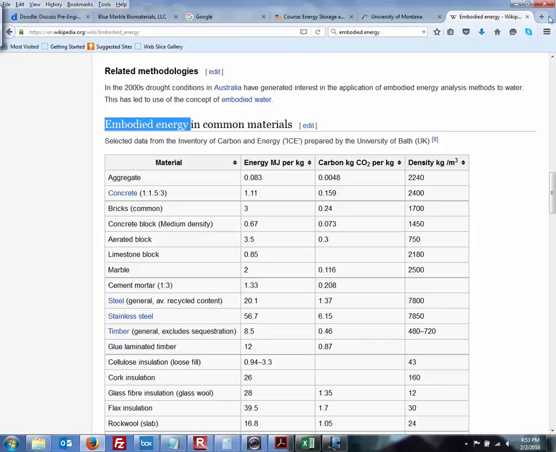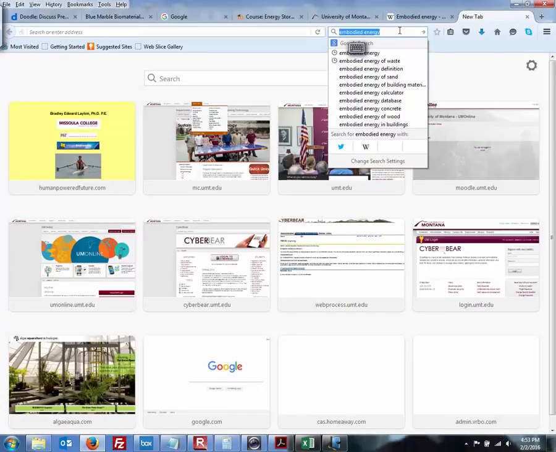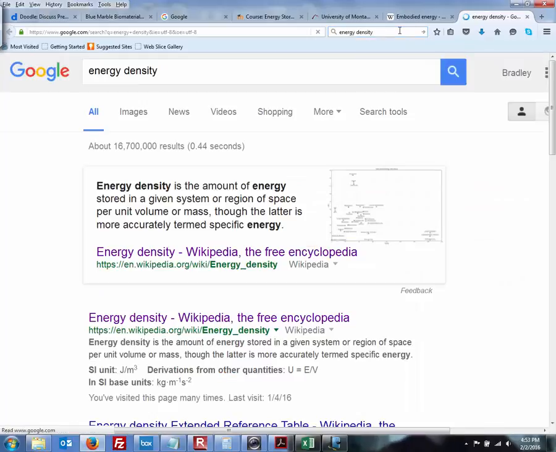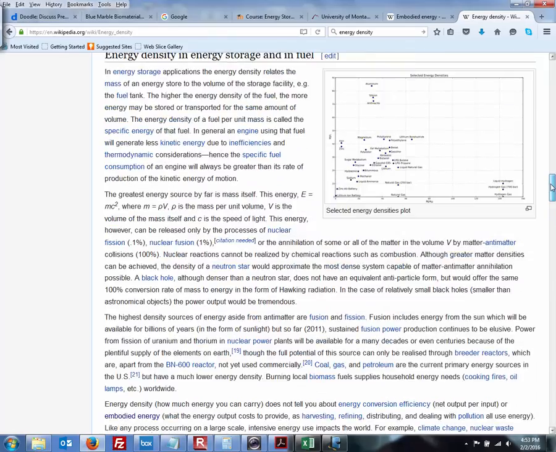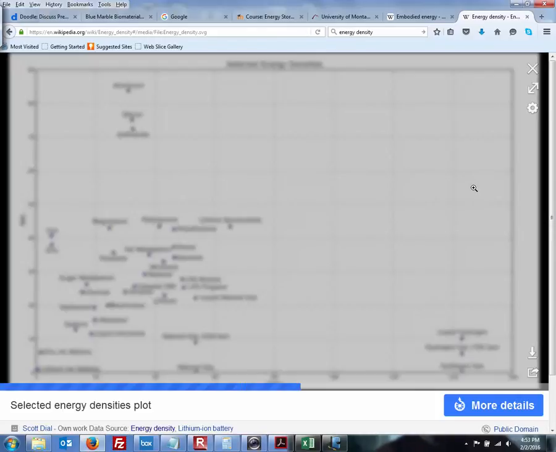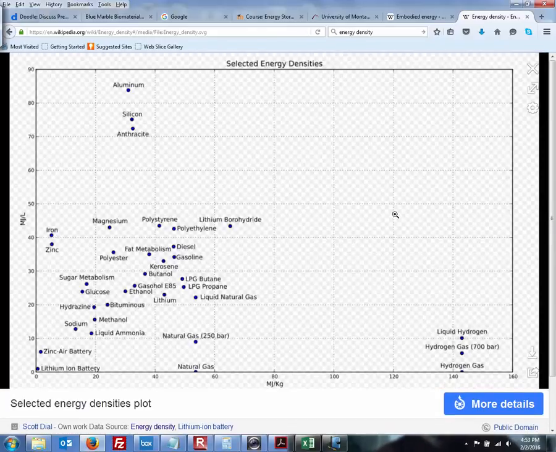So let's get a new deal going here and do energy density. I love going back to this little chart. The neat thing about the chart is you can measure energy density either on a per volume basis, so here's megajoules per liter, or on a per mass basis, so megajoules per kilogram.